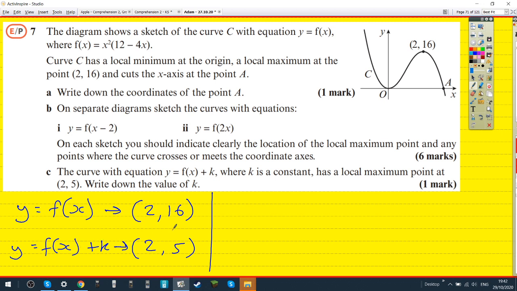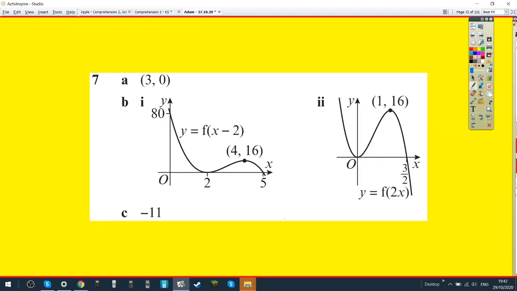You have to say what is k. So the y-coordinates changed. Yep. So what value of k would change the y-coordinate from 16 to 5? -11. Well done. K equals -11. That was a heroic one.